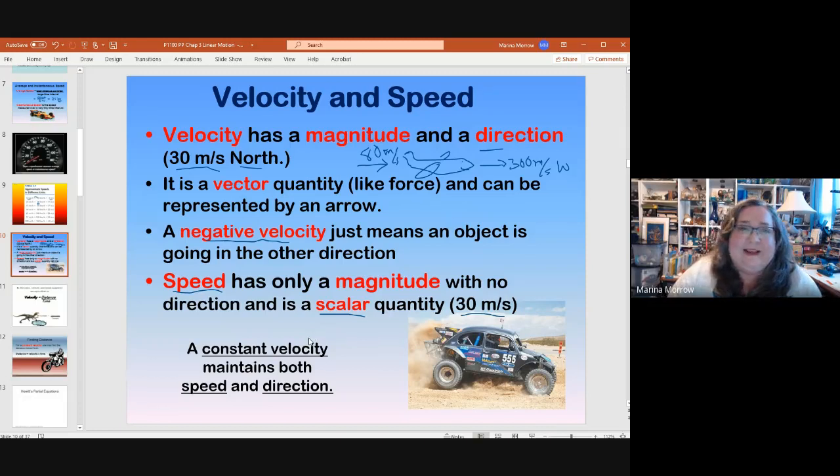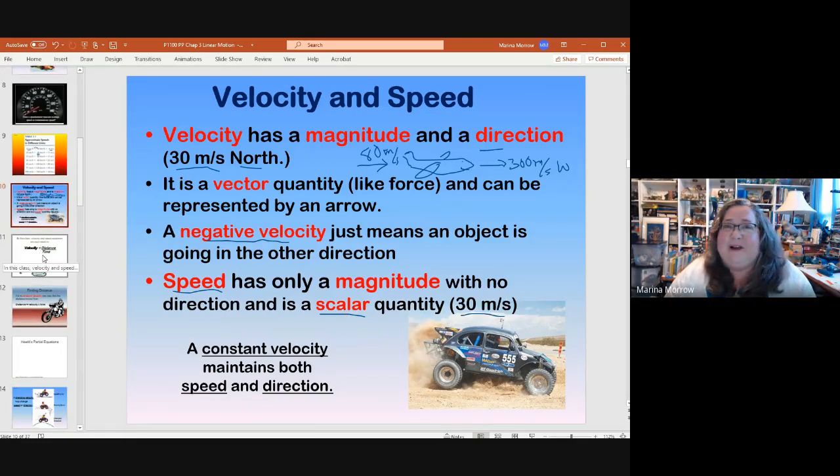The idea is that some things are vectors like velocity and acceleration and forces, and some things are considered scalars like mass and time and speed. They don't really have a direction. Mass doesn't have a direction, but a weight does. We'll get to that in the next chapter.